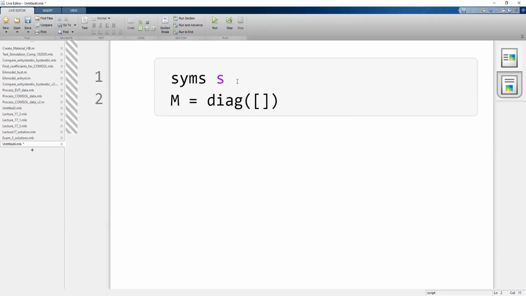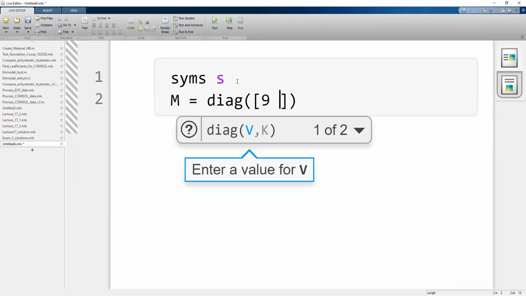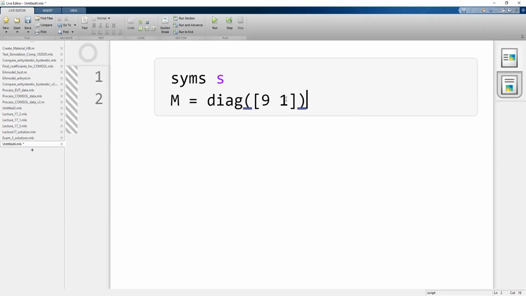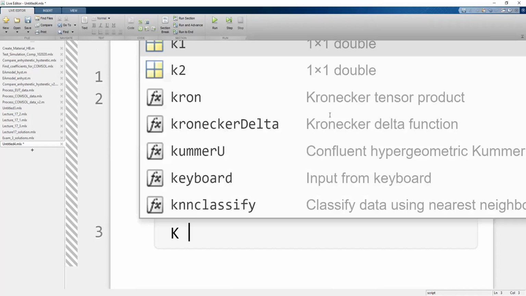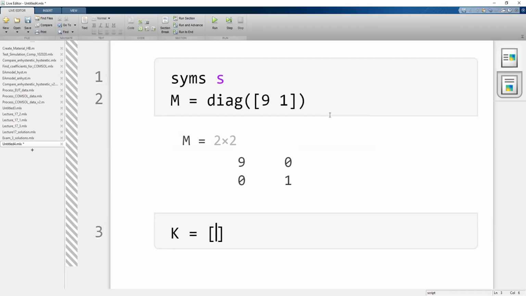The first one, m1, is 9, and the second mass is 1. So if you run it, you're going to see we create a diagonal matrix, and then we just need to type in the diagonal terms. And then the K matrix is k1 plus k2, that's 27, minus k2, that's minus 3, and minus 3 and 3.